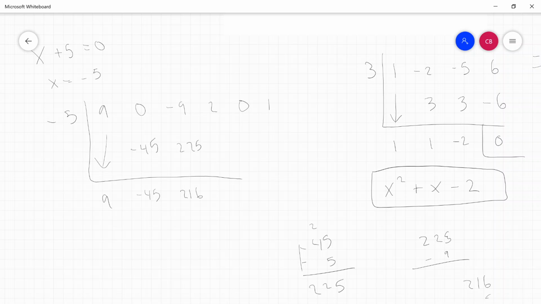216 times negative 5. That's 1080. That's 1082. 1082 times 5 is 5,410.